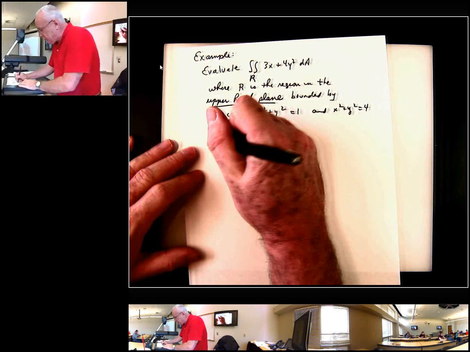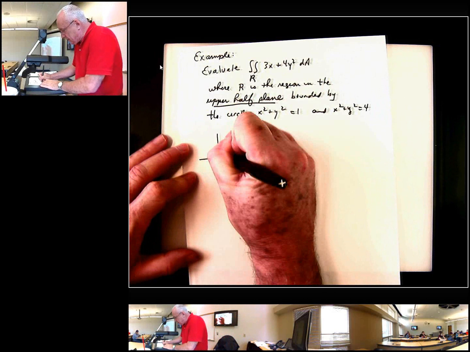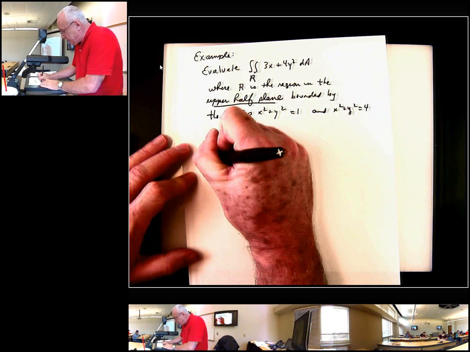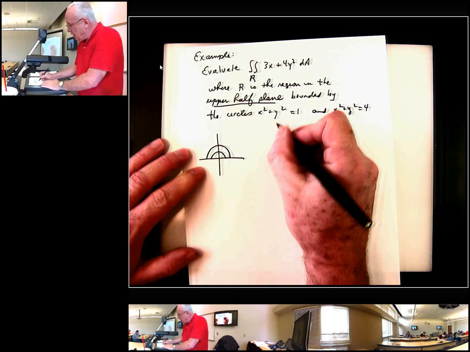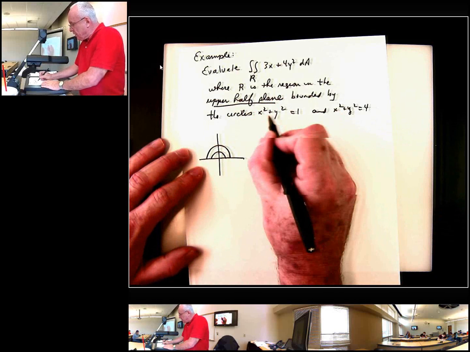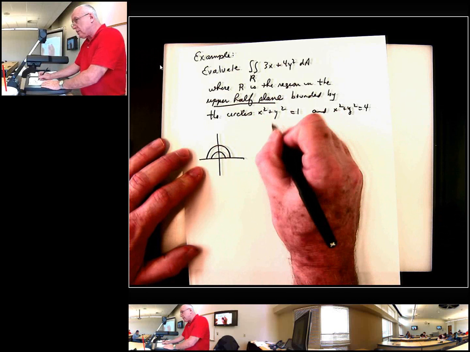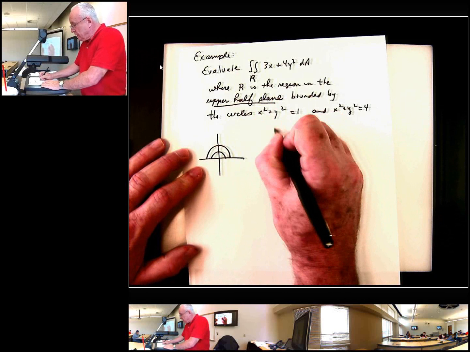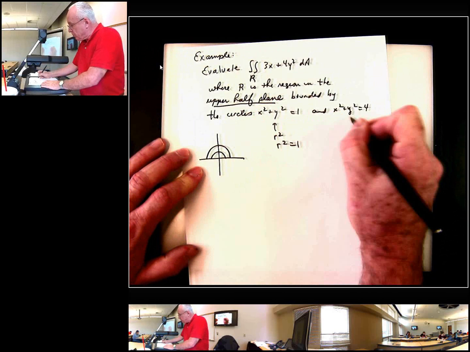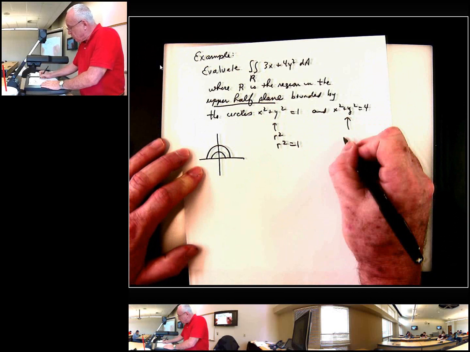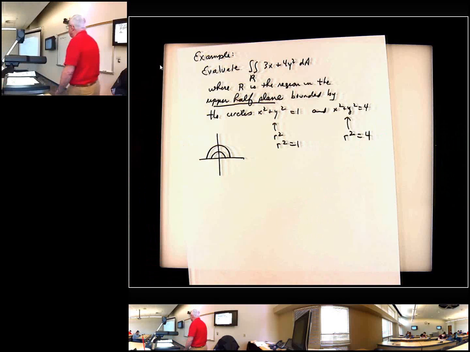Okay, so let me just draw a picture. This is the region again. We've got this smaller half circle and this bigger half circle. Now, the circles are x squared plus y squared equals 1. Well, we know that x squared plus y squared is equal to r squared. So this is r squared equals 1, and r squared equals 4.